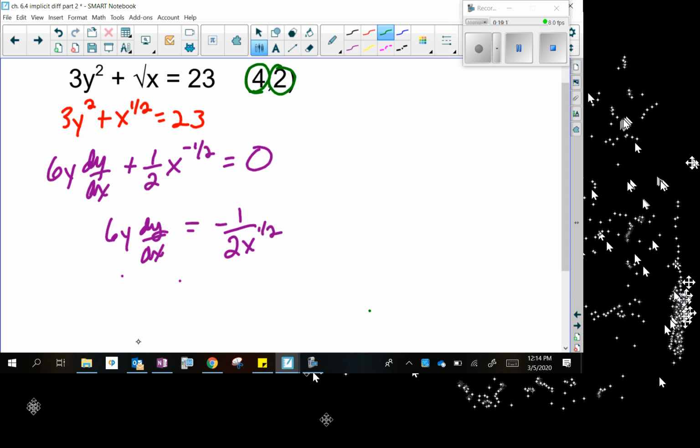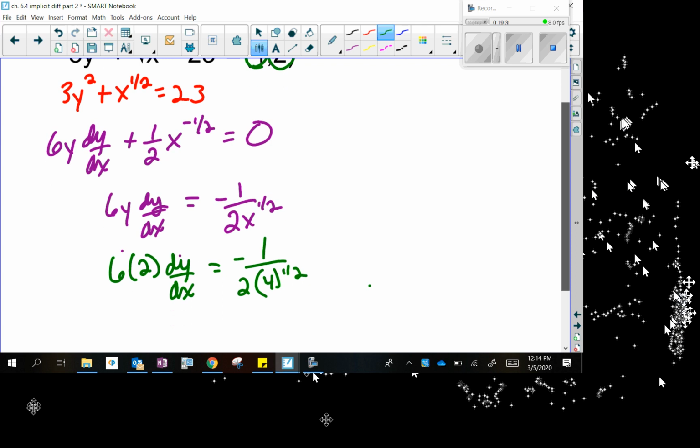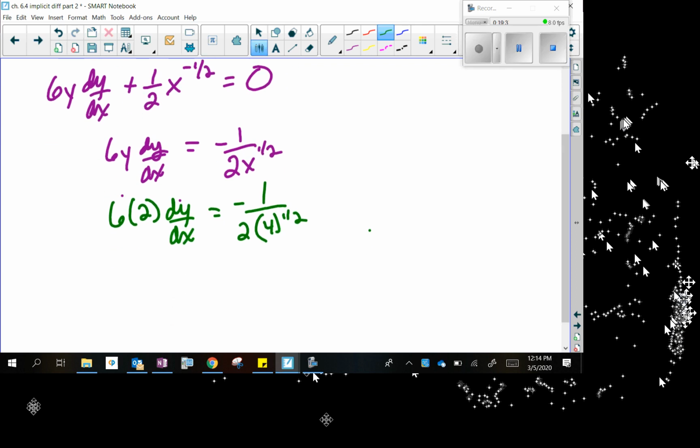So we get 6 times 2 dy dx equals negative 1 over 2 times 4 to the 1/2. Does that make sense? That's going to end up being 2. So then on the left side, we get 12 dy dx equals negative 1 over what? 4.